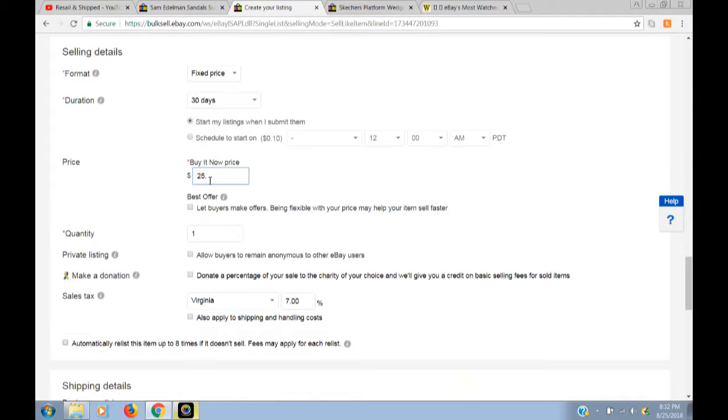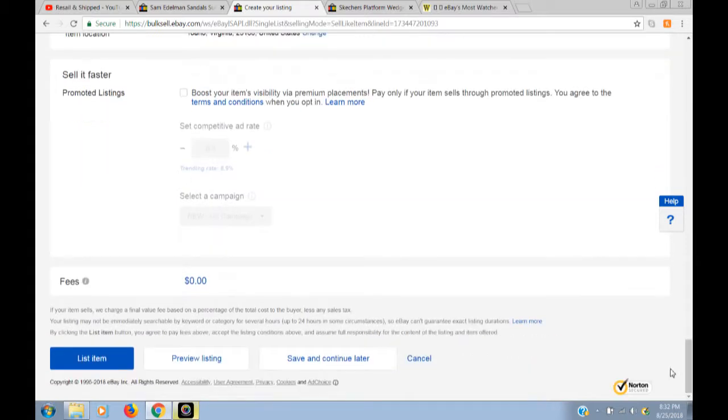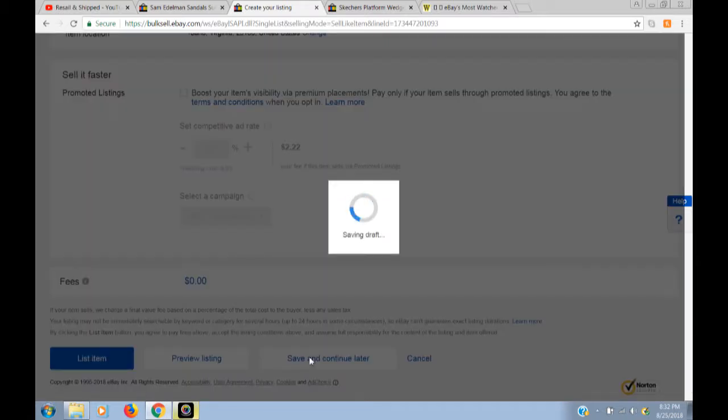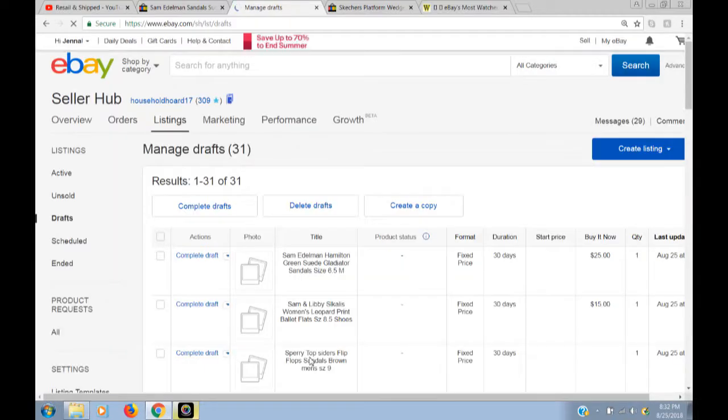I really thought those would go for a little bit more, but that's okay, because those were a bin find and I only paid $2 or $3 for the shoes. So again, if you got a certain amount of money into them, $25, not so bad.